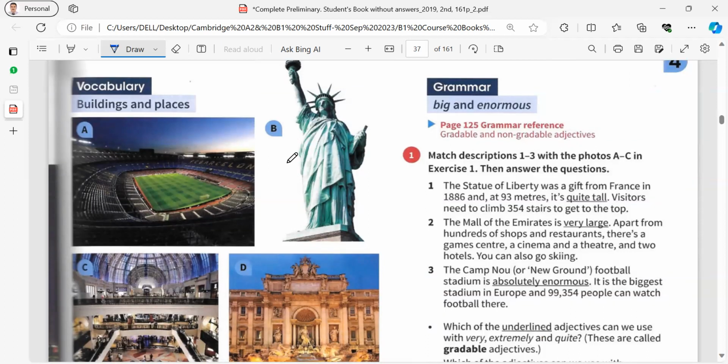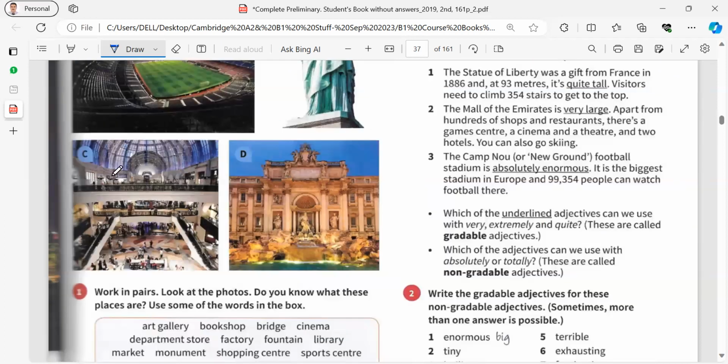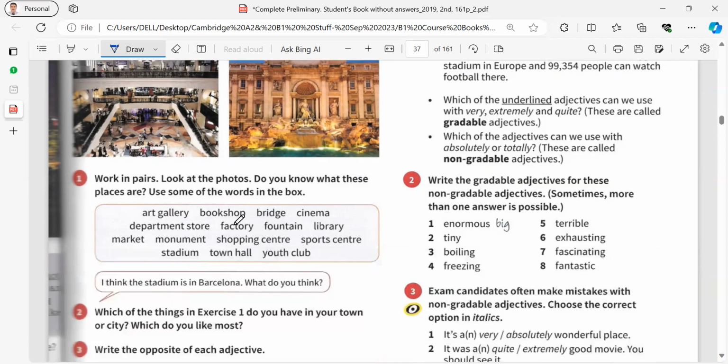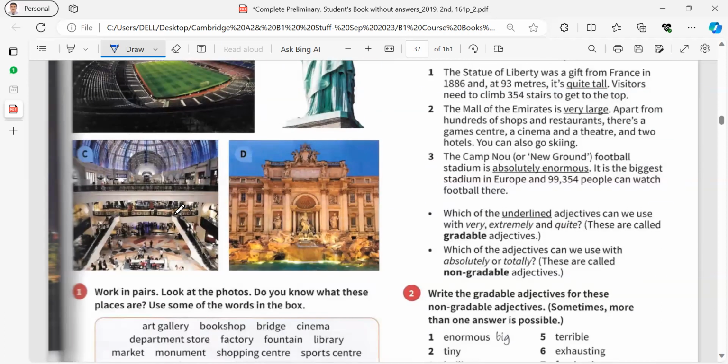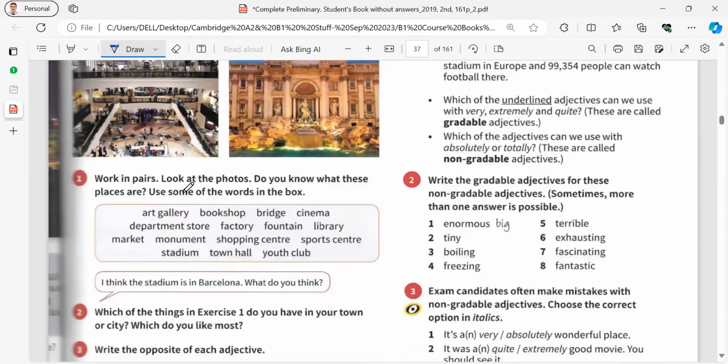Here, Statue of Liberty. اللي هو تمثال الحرية. This one may be a shopping mall, or maybe a bank. The last one may be a hotel. No, maybe I think it's a shopping center, right?